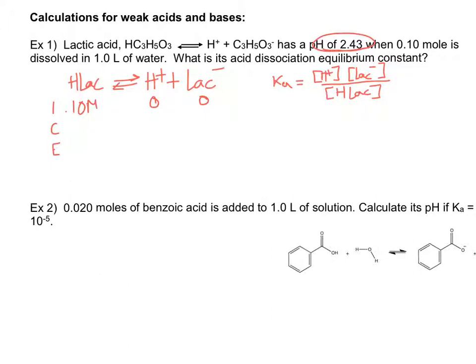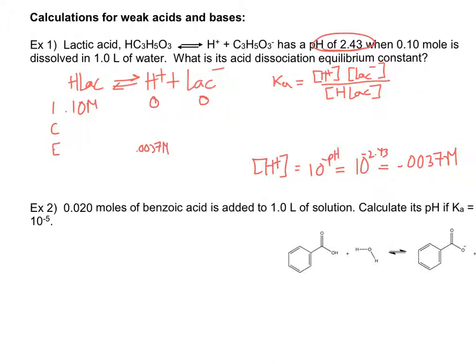The H plus concentration is equal to 10 to the negative pH. So it's 10 to the negative 2.43, which is 0.0037 molar. So I just got the concentration of the H plus at equilibrium. So I'm going to go back to my ICE chart and put that number in, 0.0037 molar.